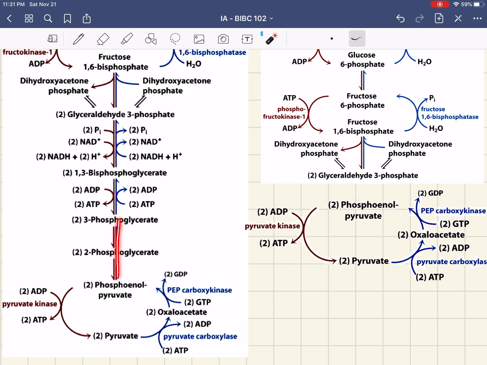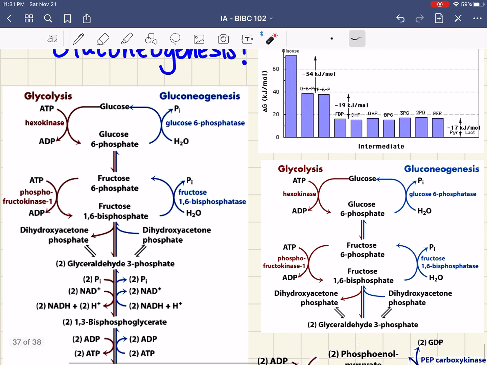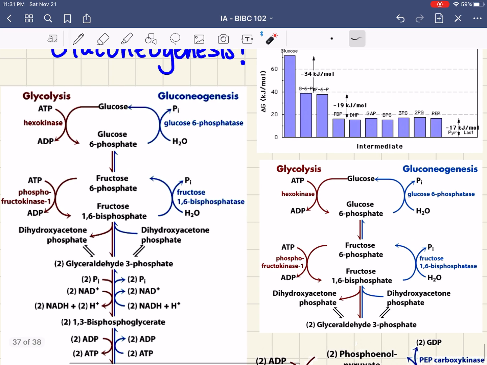Same reactions going backwards. Then we get to over here, and this is step 3, which is also another big drop of energy. So we need another bypass reaction. And this bypass reaction takes fructose 1,6-bisphosphate and cleaves off the phosphate that's on the first position.